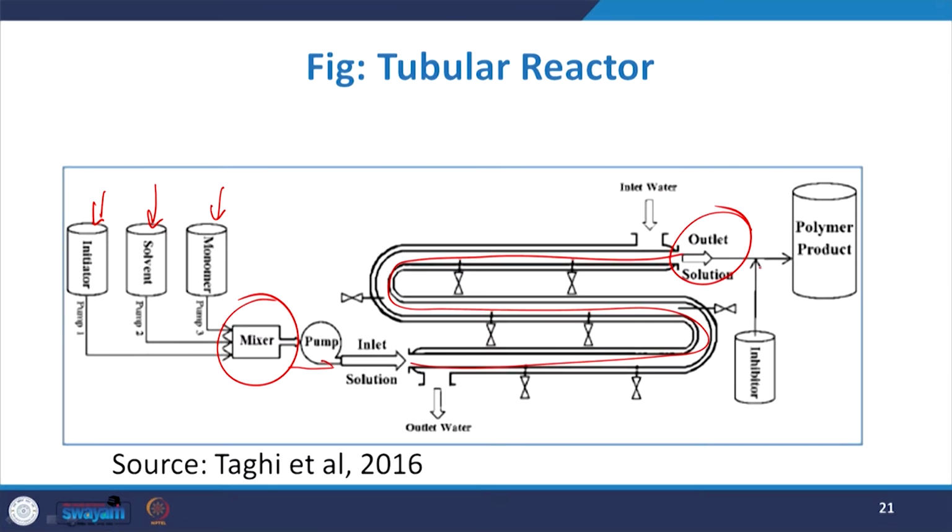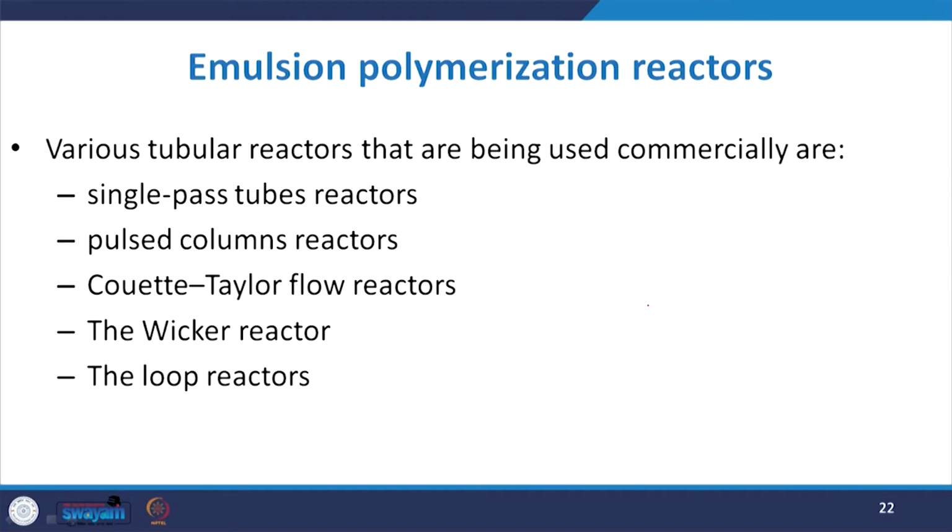Now, at this stage you can introduce the inhibitor, so that you can truncate the further polymerization reaction, so that you can control the PSD, particle size distribution, you can maintain the appropriate molecular weight distribution, and in this way you can collect your polymer. So, this is a typical design or typical layout of a tubular reactor.